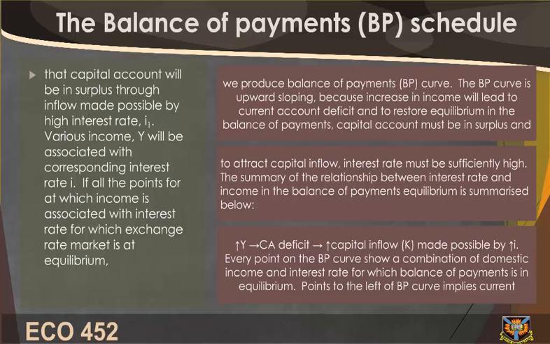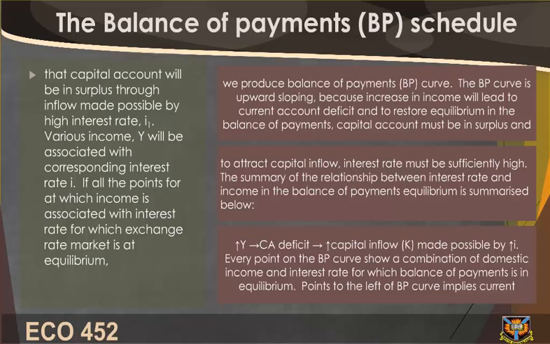If we join all the points at which income is associated with the interest rate for which the exchange rate market is at equilibrium, we produce the balance of payments BP curve. The BP curve is upward sloping because an increase in income will lead to current account deficit, and to restore equilibrium in the balance of payment, capital account must be in surplus, and to attract capital inflow, interest rate must be sufficiently high.